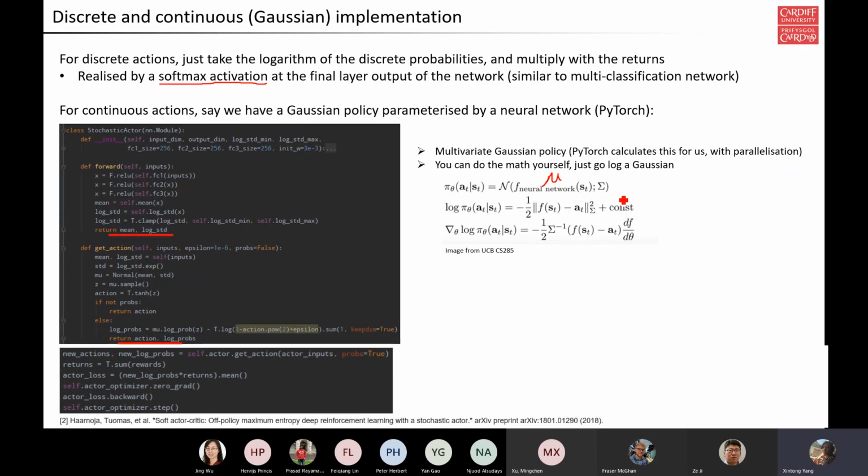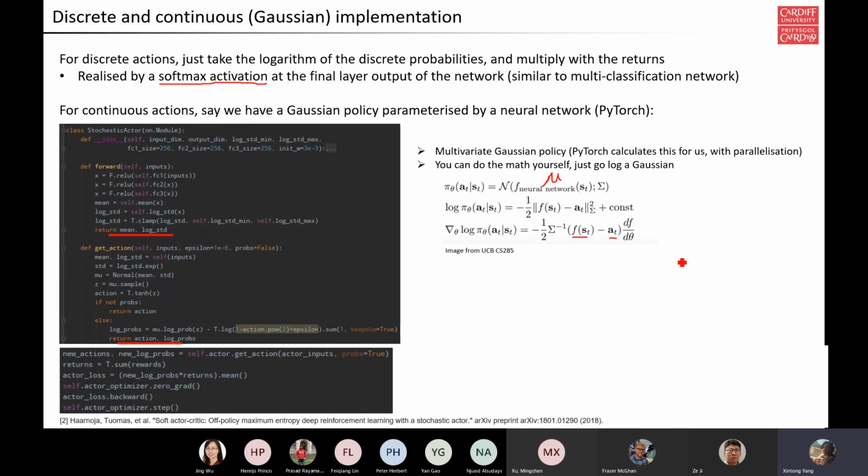If you work out the math yourself, you can get the gradient of the log probability in this form. If the standard deviation matrix is just the identity matrix, then this is equivalent to the mean square loss, which is a really common loss in machine learning. So this is the mean output by the network, and this is the action that we get from our samples.